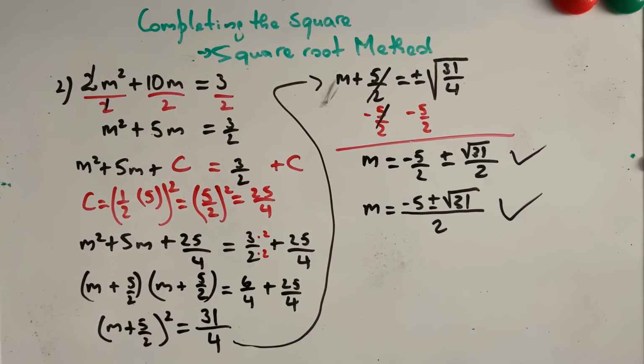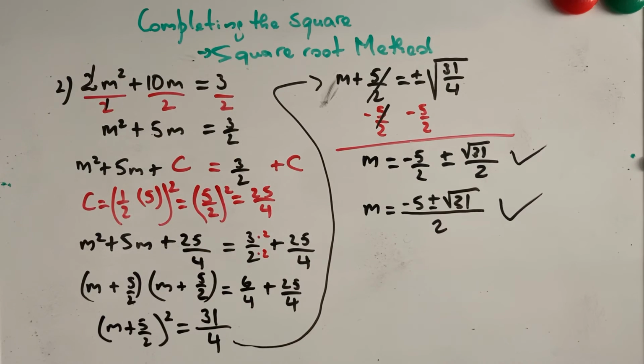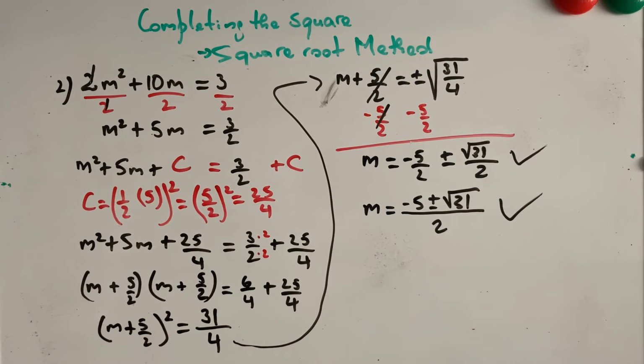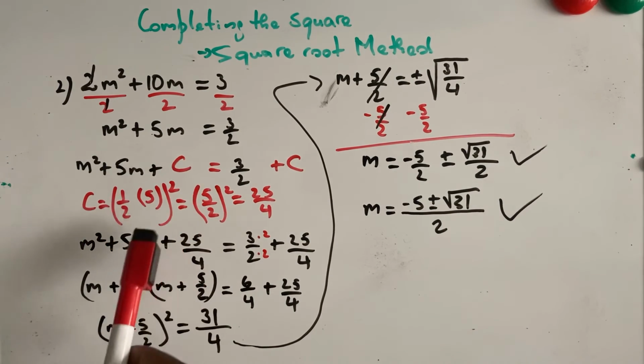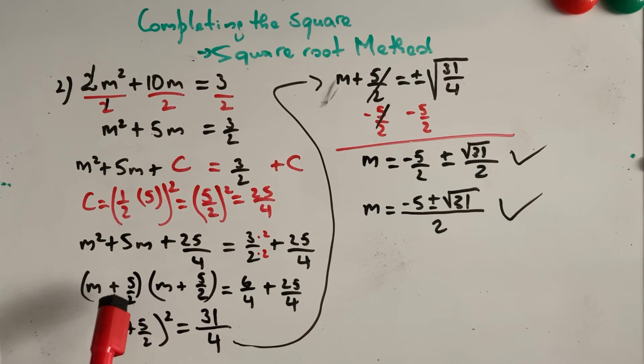Okay, so things to remember. To solve a quadratic equation by completing the square, you need to complete the square. And what do we mean by completing the square? You need to get the right number that will help you have a perfect square trinomial. Once you have that perfect square trinomial, it's pretty easy to factor.